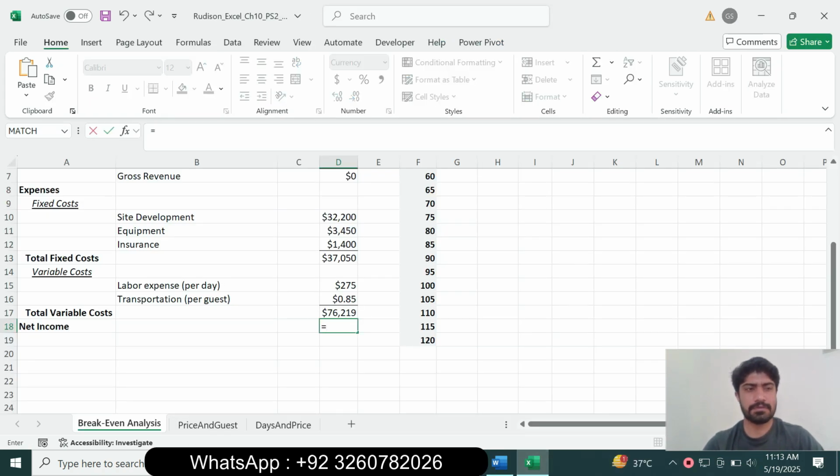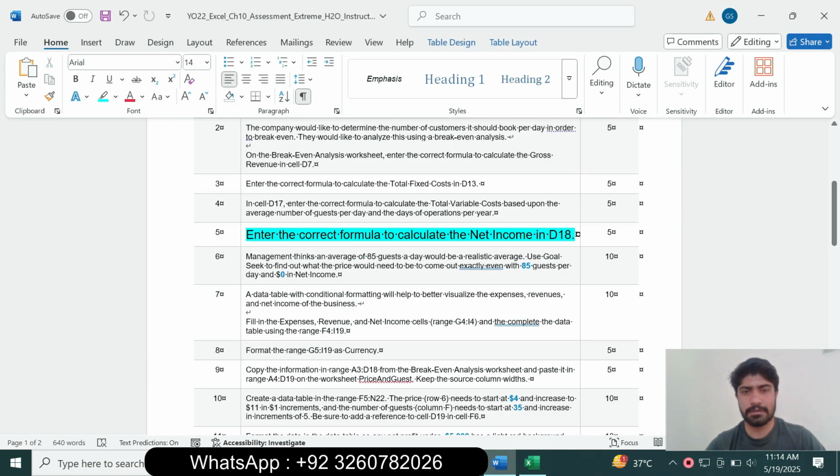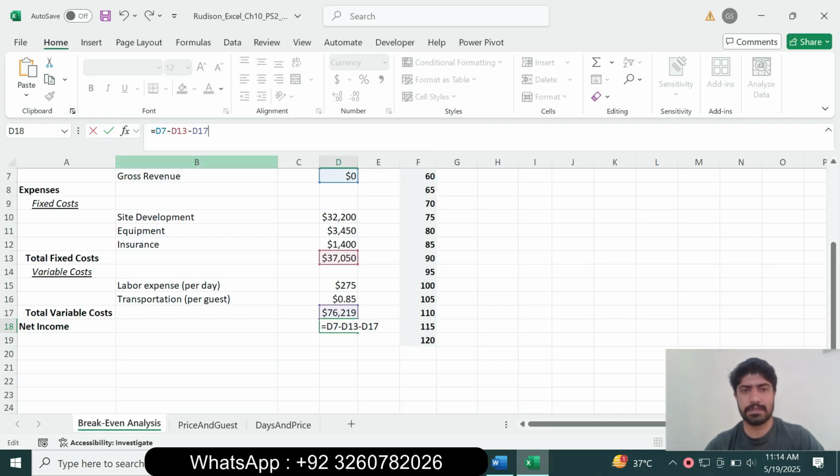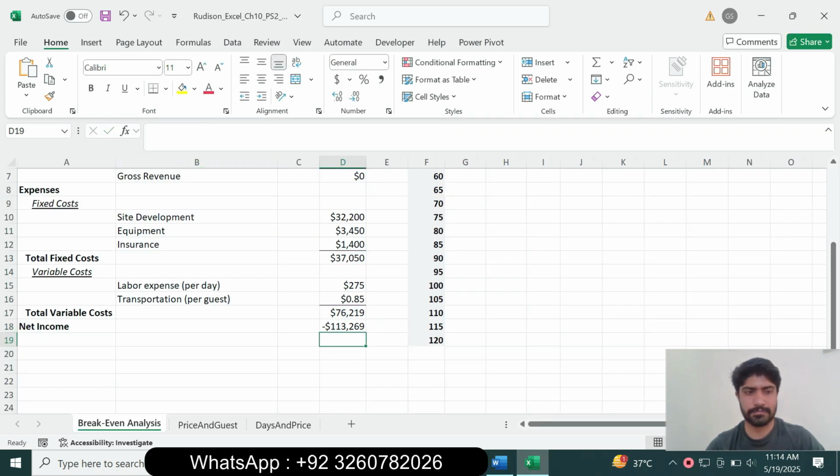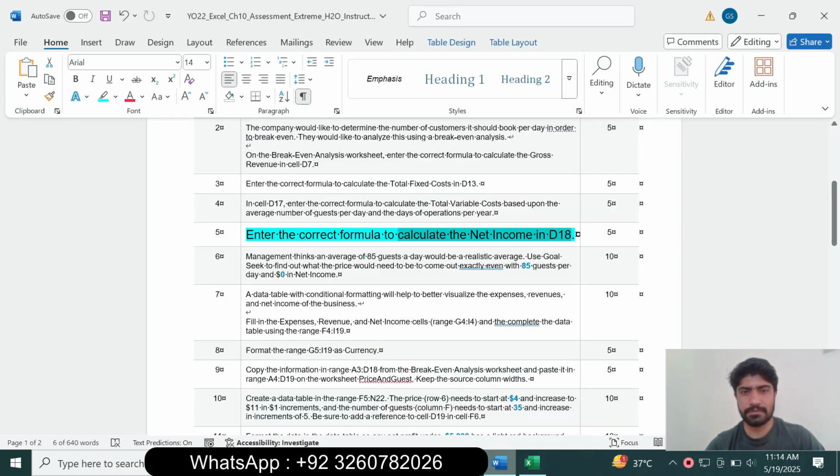Type equal to and select the cell D7 minus D13 and minus D17. D7 minus D13 minus D17 calculates the net income in cell D18. Press enter. So question number 5 is complete.